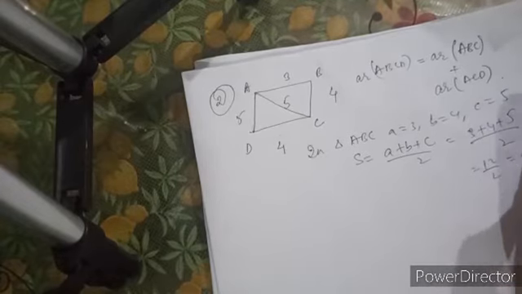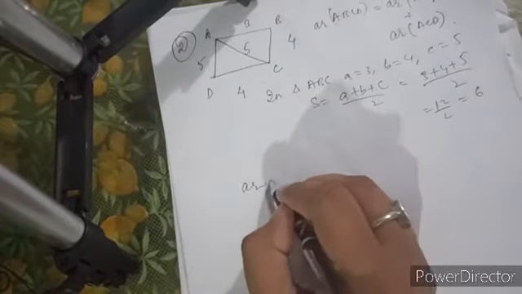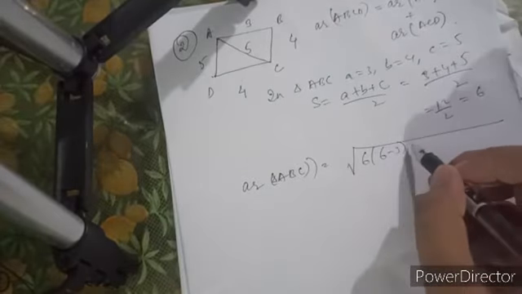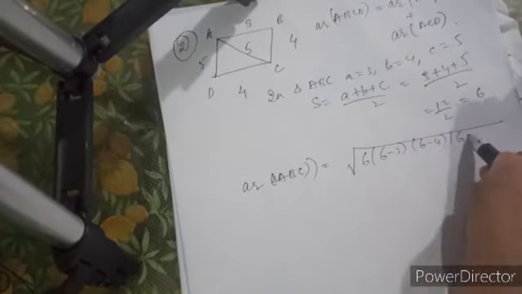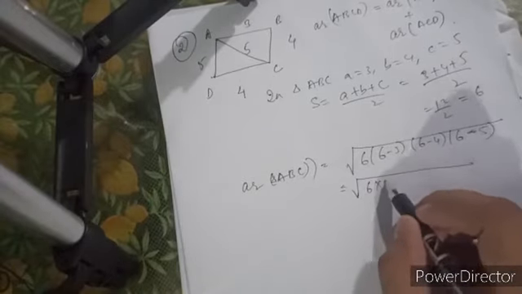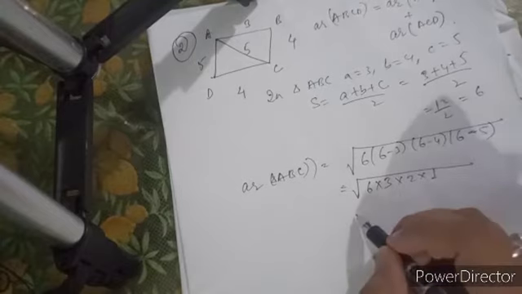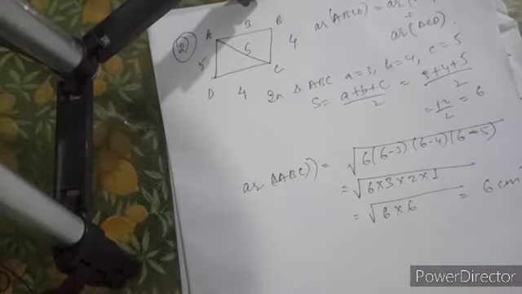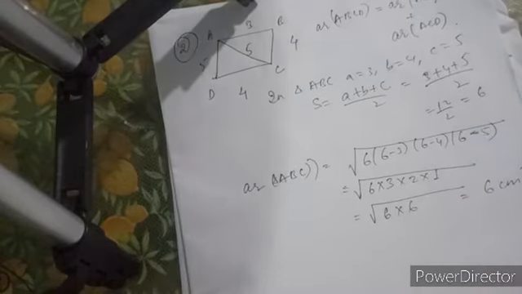So 12 by 2, that is 6. Okay, so area of triangle ABC will be root over 6 into (6 minus 3) into (6 minus 4) into (6 minus 5), that is root over 6 into 3 into 2 into 1.